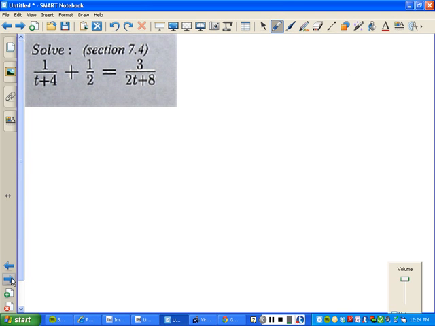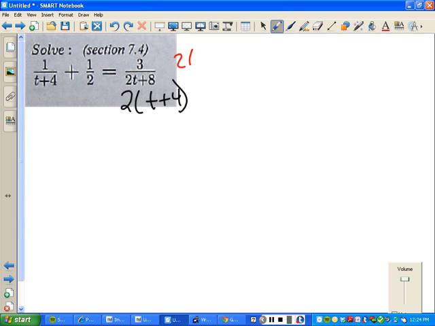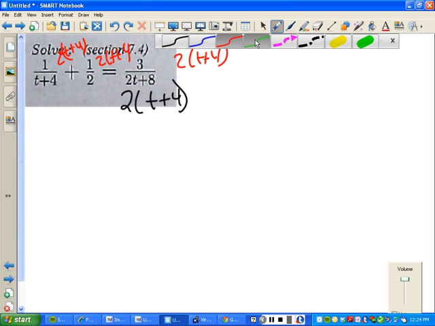Now here, the common denominator is 2 and t plus 4. You're going to multiply through by 2 and t plus 4. That's your common denominator for each one. So what happens?